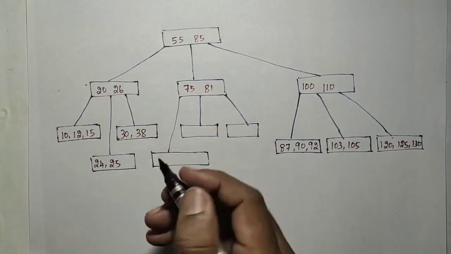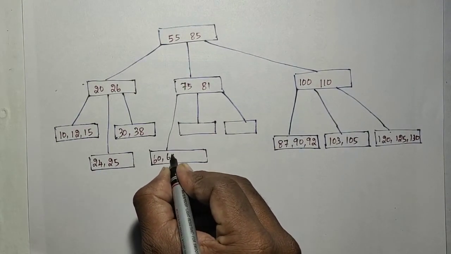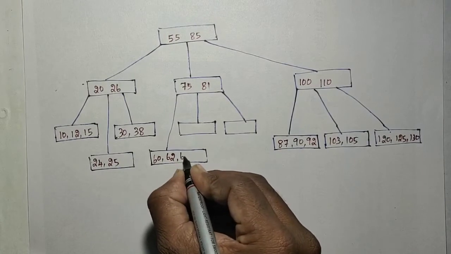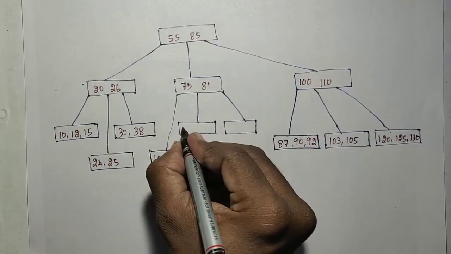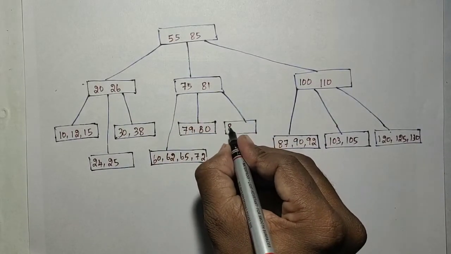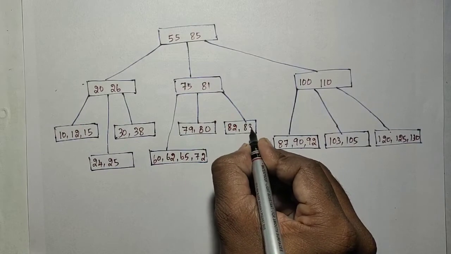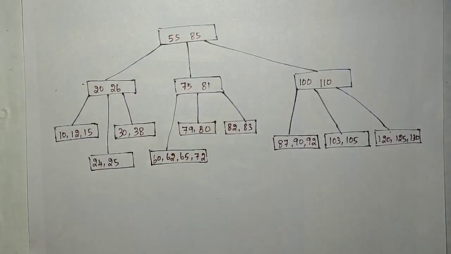So 75 left, 4 elements, 60, 62, 65 and 72. In between, 79 and 80. Greater than 81 is 82 and 83. So this is substituted here, as it is.